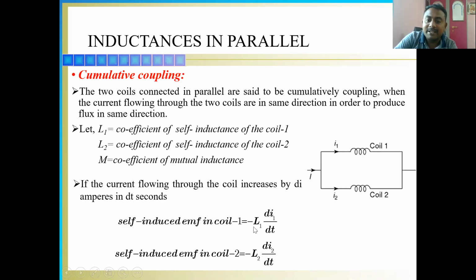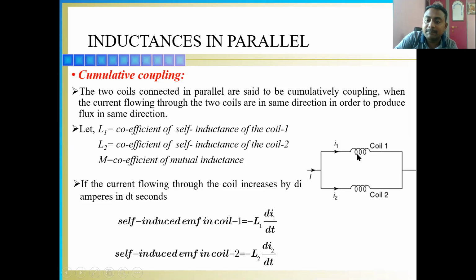Similarly, how do we write the mutual inductance terms? For coil 1 it is M di2 by dt, and for coil 2 it is M di1 by dt. Understood? I will tell you again: the mutual term for coil 1 is M di2 by dt, and for coil 2 it is M di1 by dt.